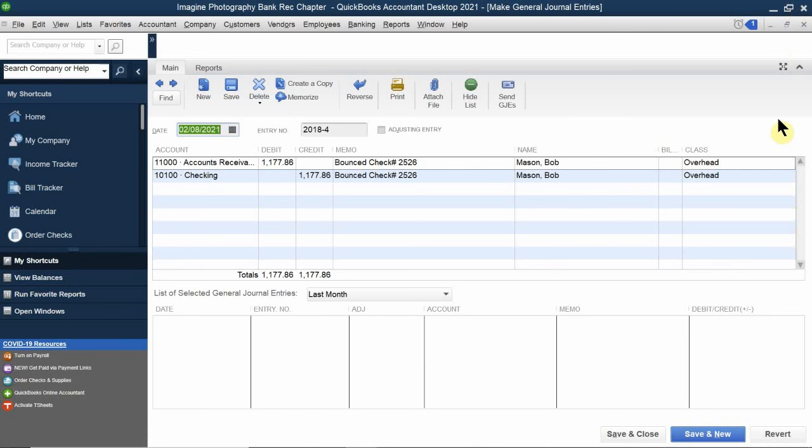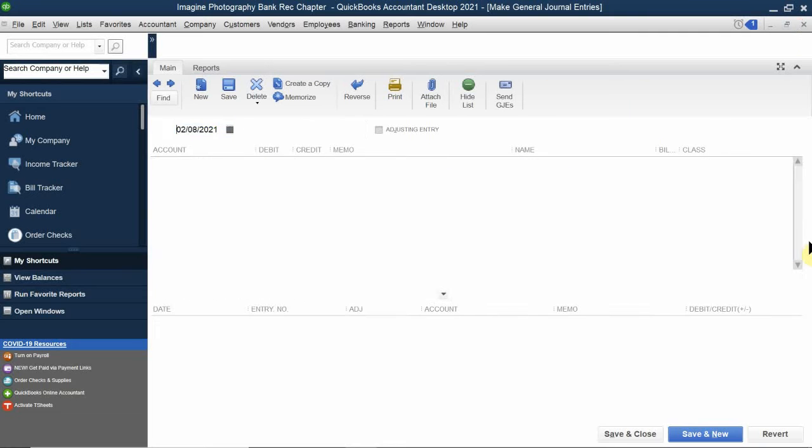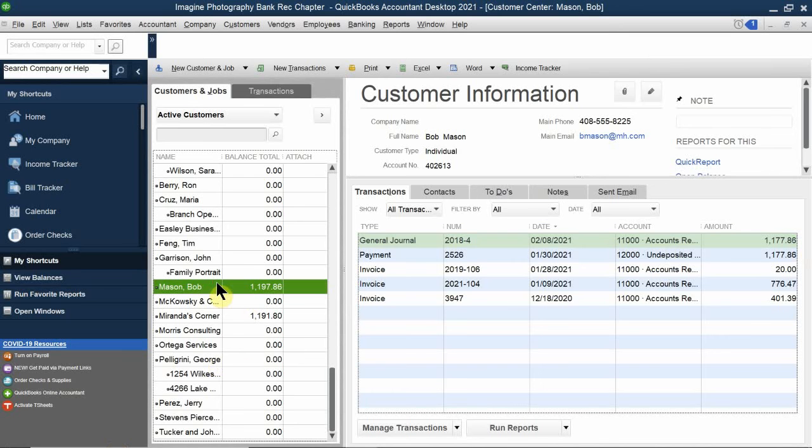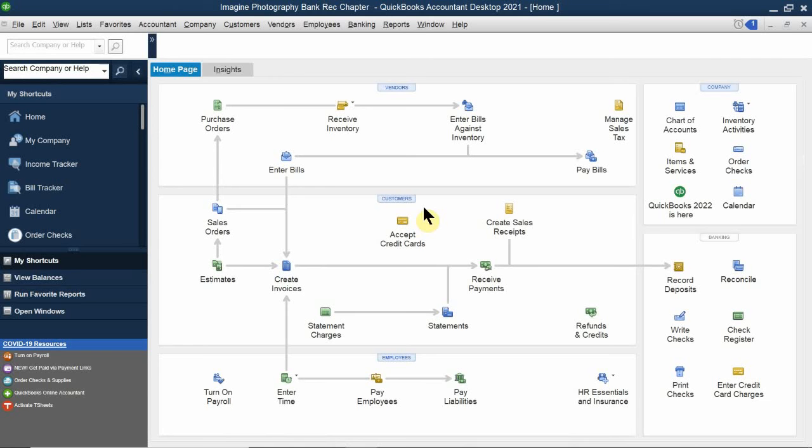The check never went through, so you're recording the transfer back from the checking account to accounts receivable, because they still owe you the money. As you can see here, he owes me $11.97 and 86 cents.